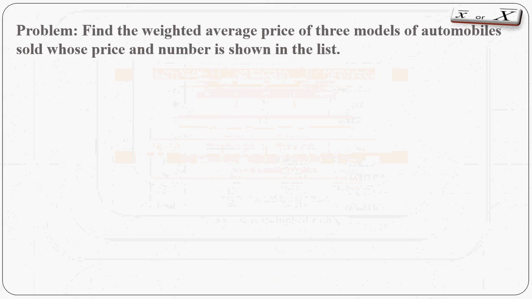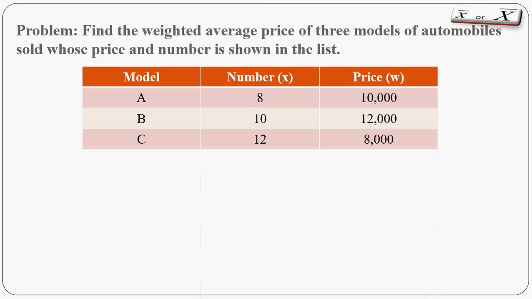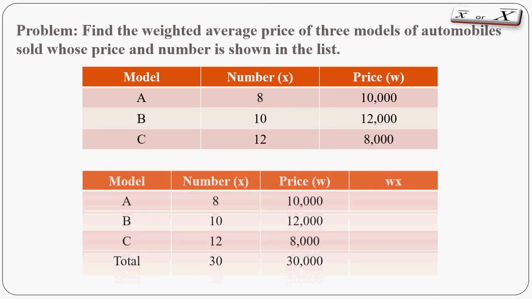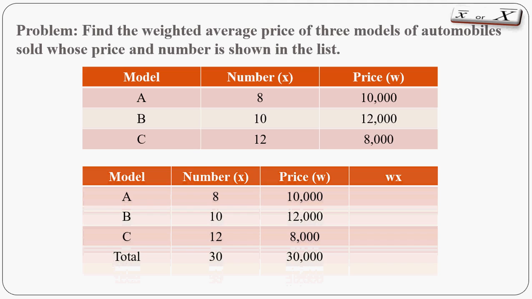Find the weighted average price of three models of automobiles sold whose price and number are shown in the list. So model A, B, C, number and price. So how to solve this problem? We need to take the model, number, price as usual given, and make the total. Once we make the total, we get sigma x 30, sigma w 30,000.